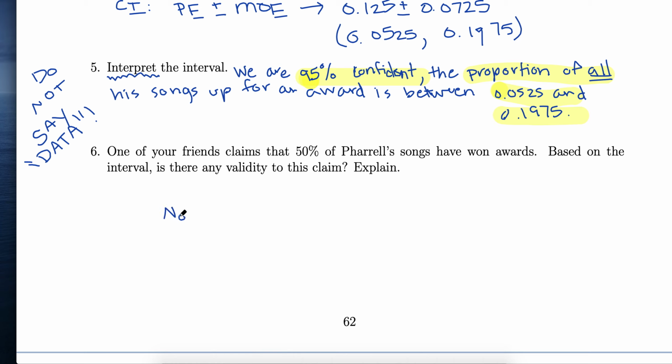So I'll just say no, 0.5 is not in our 95% confidence interval. All right, this concludes our first example broken down into steps. I'd like for you guys to go to the next pages, try those examples on your own, and then check out video 3 to test your work and make sure you did that correctly.